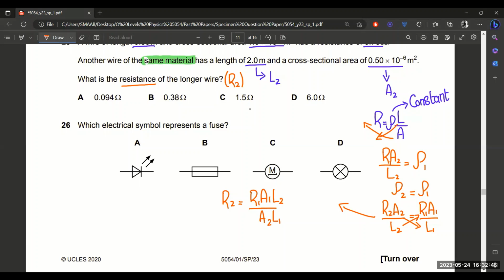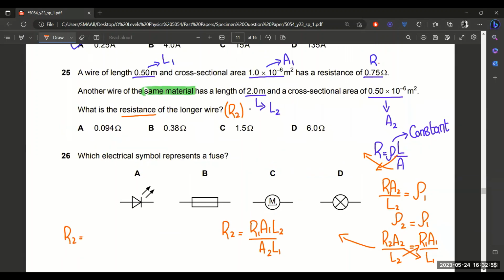If we write down the values, R1 is 0.75, multiplied by the cross-sectional area, multiplied by 2, the length of the second wire, divided by A2, 0.5, and the length 0.5.